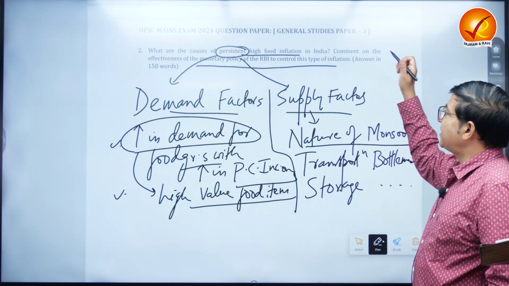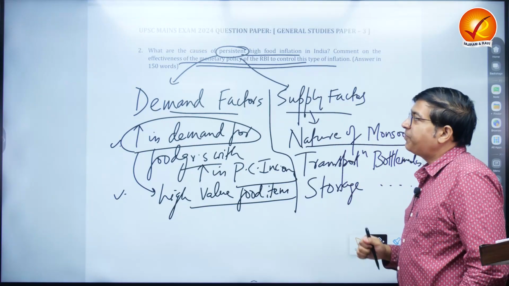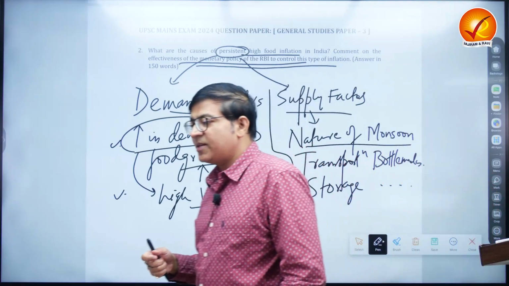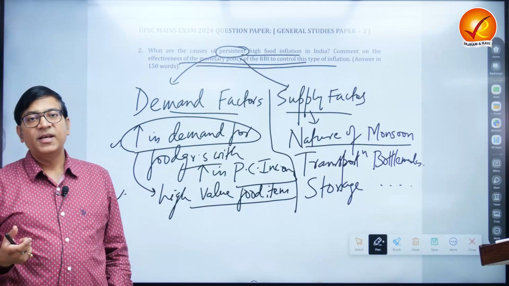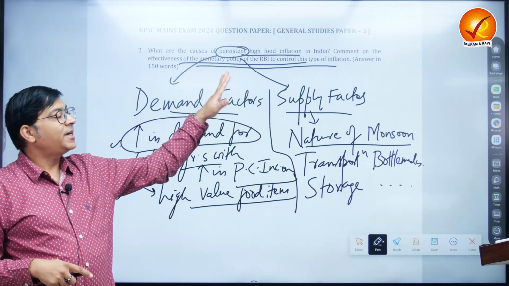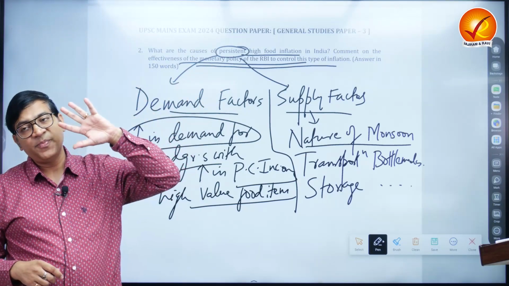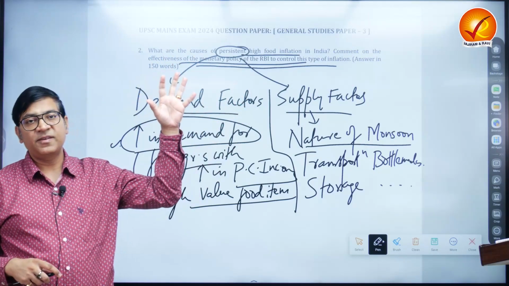And then the next part was comment on the effectiveness of monetary policy. Anyone who understands monetary policy is aware that it's a policy related to interest rates, how the interest rates are being decreased or increased. And interest rate related policy is mainly impacting sectors like industries or the services.